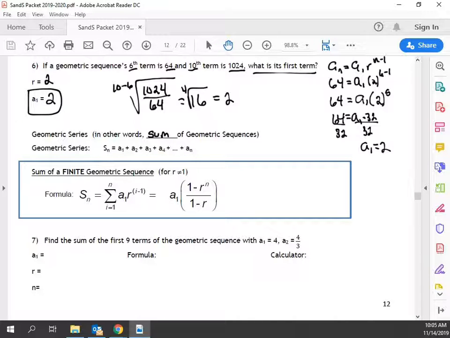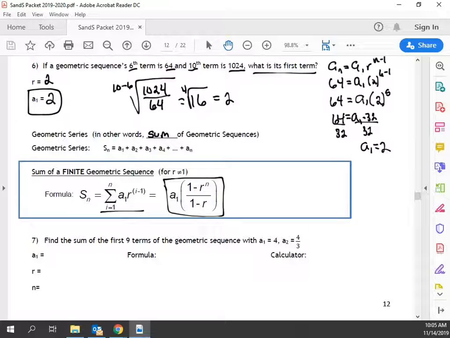It's what it's approaching, like the asymptote on a graph, getting closer and closer to a particular value. First we're going to talk about the finite case, which means it's going to stop somewhere. The equation is your first term times 1 minus the ratio raised to however many terms you want to go out to, divided by 1 minus the ratio.